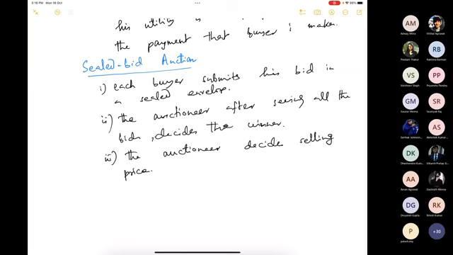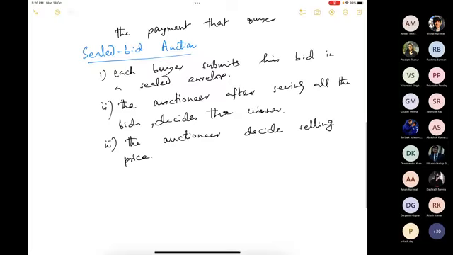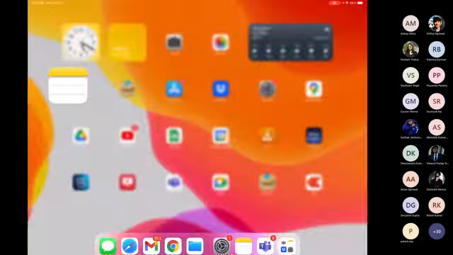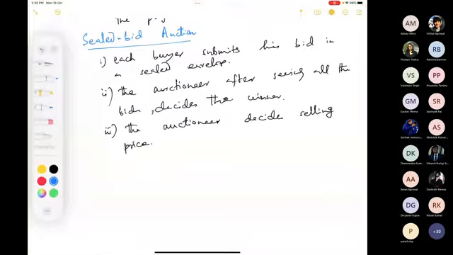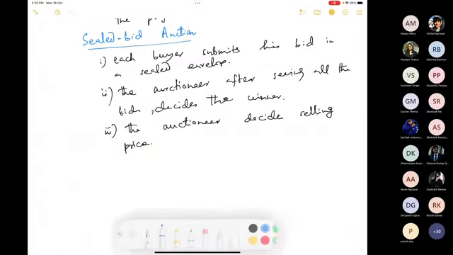The third step is typically implemented as the winner being asked to pay his or her own bid. And that is what is called first price auction.